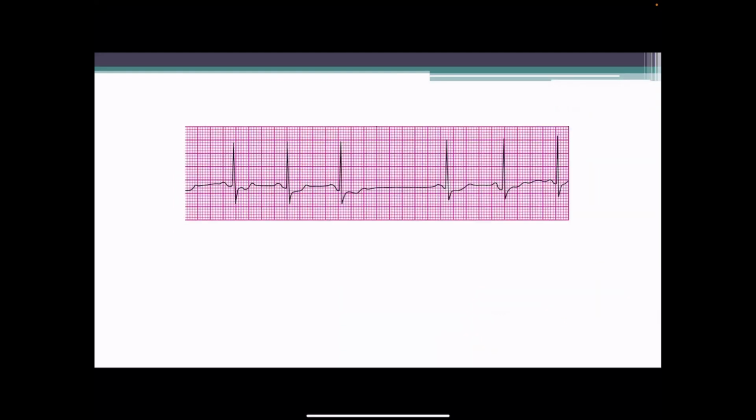Okay. What about this one? Sinus arrest. Exactly. So you have a P wave, a QRS, P wave, QRS, P wave, QRS, and then a rest in the middle, and then it continues. Okay. So this is called sinus arrest.